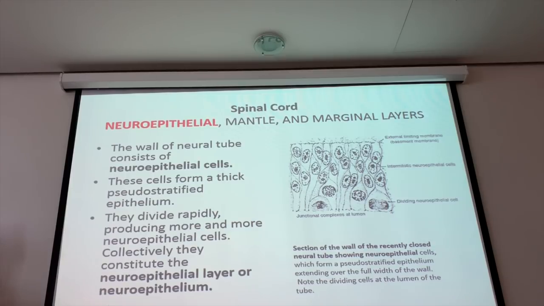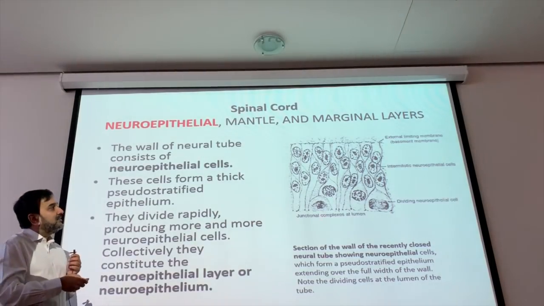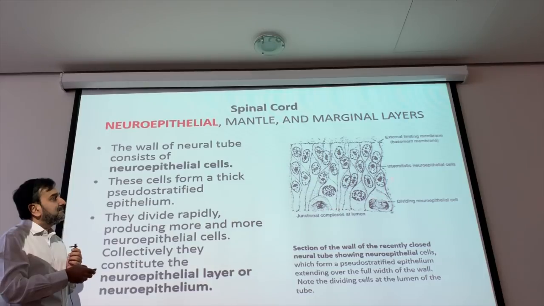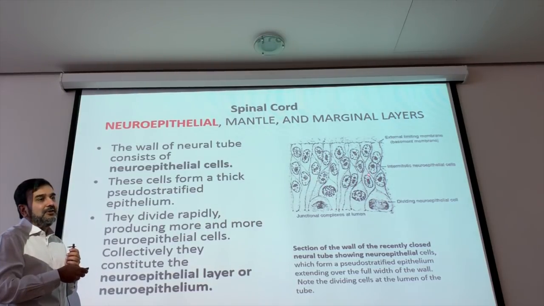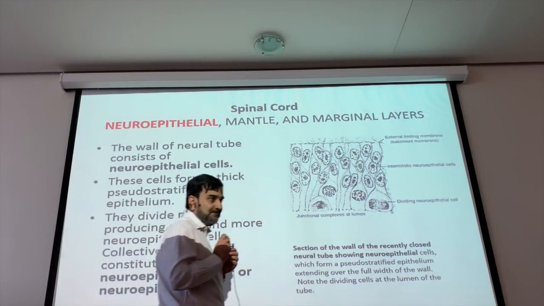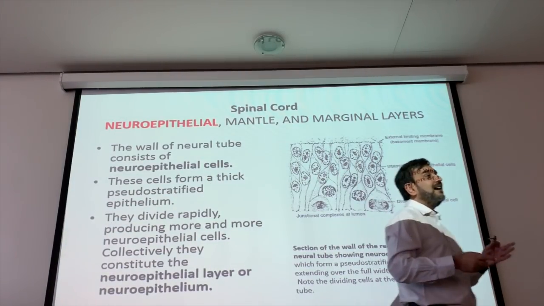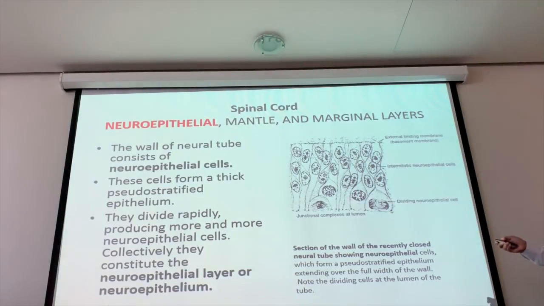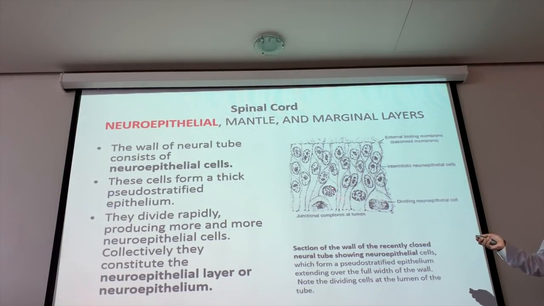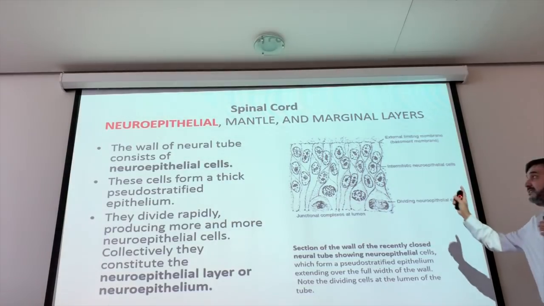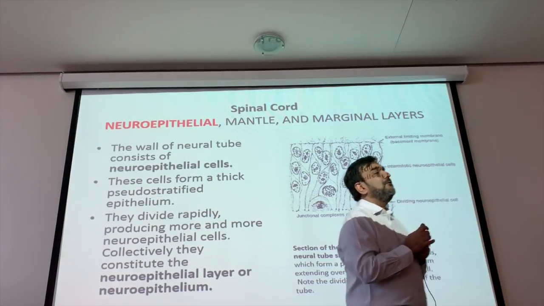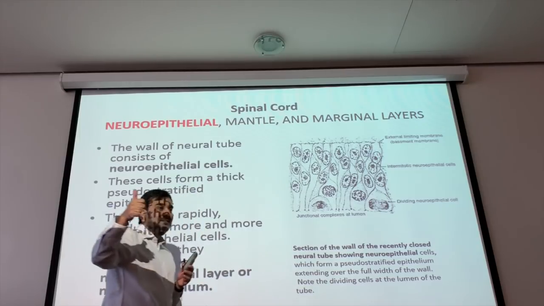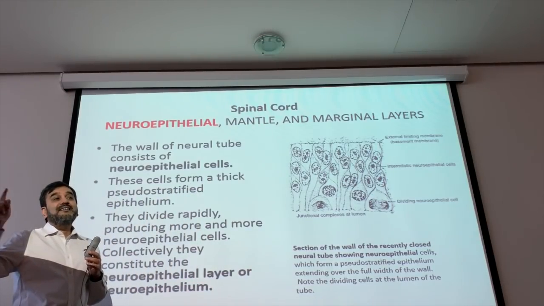If you see the lining of the cavity, it is lined by neuroepithelial cells. And neuroepithelial cells are pseudostratified columnar epithelium. So the neural tube is lined by pseudostratified columnar epithelium, and this is called the neuroepithelial cells. They are called what? Neuroepithelial cells. These neuroepithelial cells are going to give rise to neurons, and they are going to give rise to the glial cells.